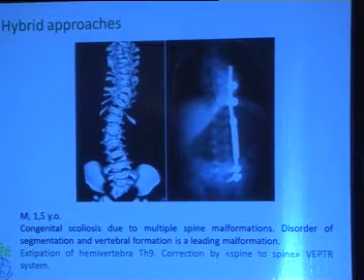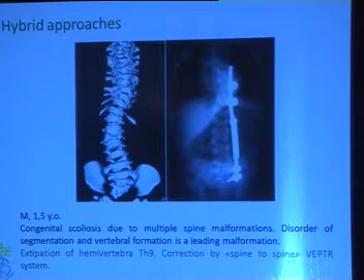Hybrid approaches in patients with multiple malformations, the disorder of formation, split vertebra, and disorder of segmentation. Here I see a curvature of the lumbar spine, with a split vertebra at the apex of the curvature and a hemivertebra at the base.